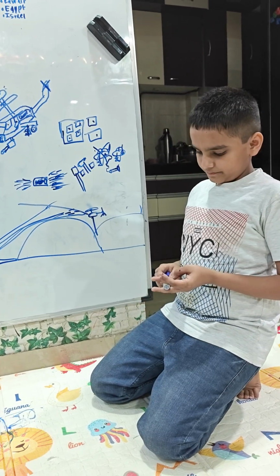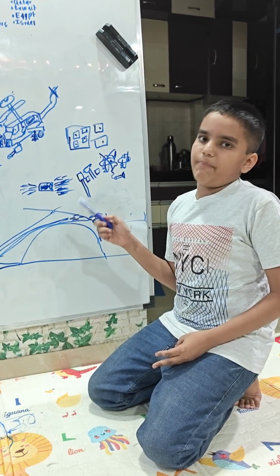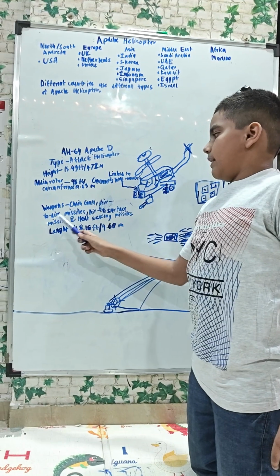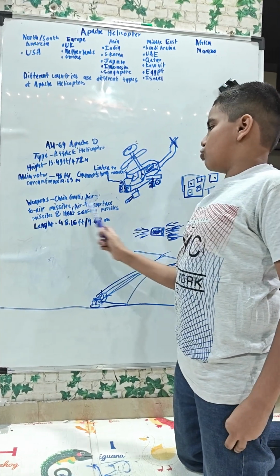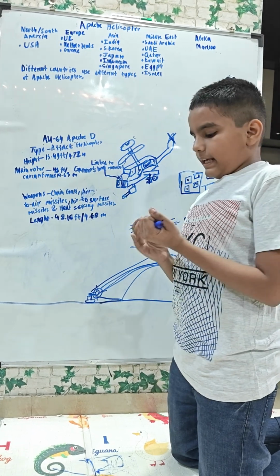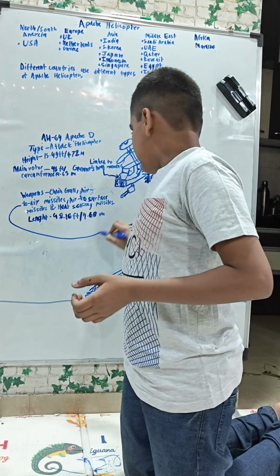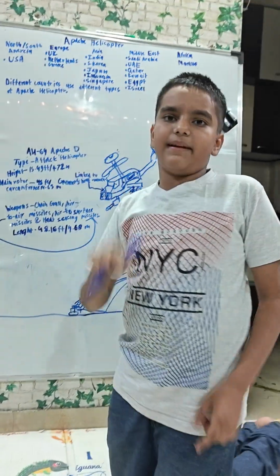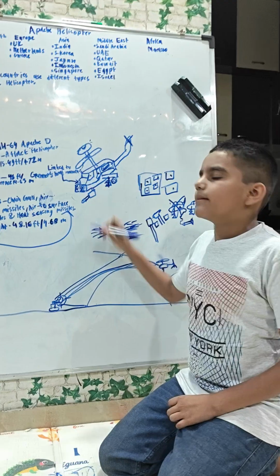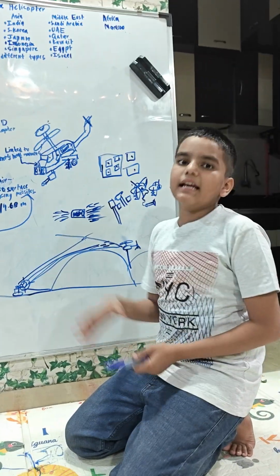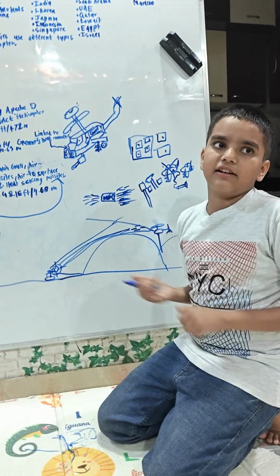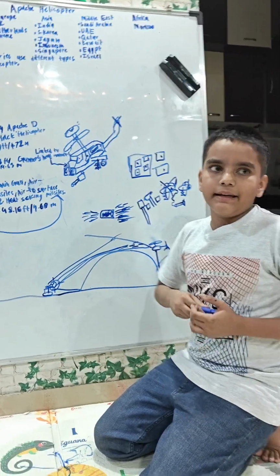Point number 3: the AH-64 Apache has a chain gun, air-to-air missiles, air-to-surface missiles, and heat-seeking missiles. Actually, air-to-air missiles and heat-seeking missiles are both one type of missile. And the chain gun can also engage targets in air and on land. So that's it for the content.